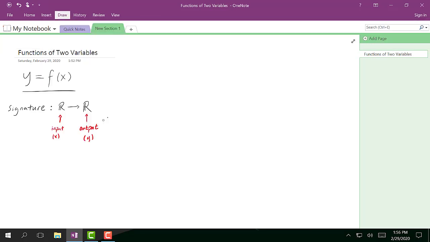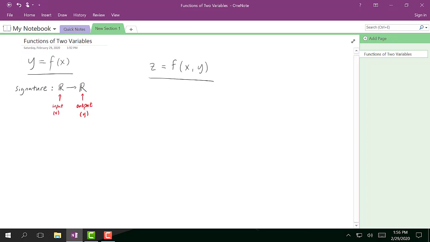And in particular, we're going to be looking at functions of two variables today. And so here, instead of having one input x, I'm going to have a function of two variables, x and y. And my output is going to be the next letter in the alphabet, the last one we have, z. And so essentially what we have here is a signature, and it's going to look a little bit different.